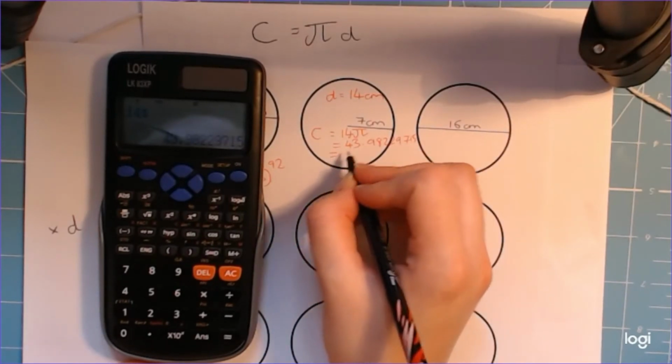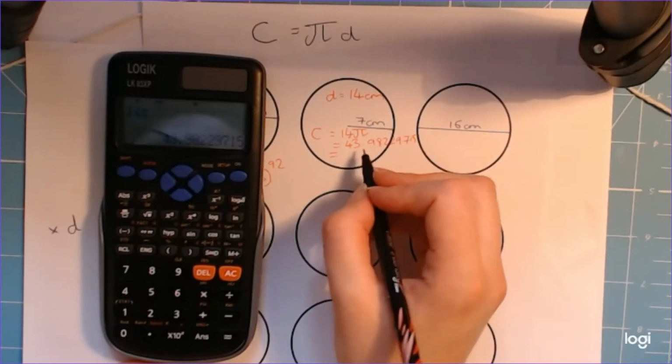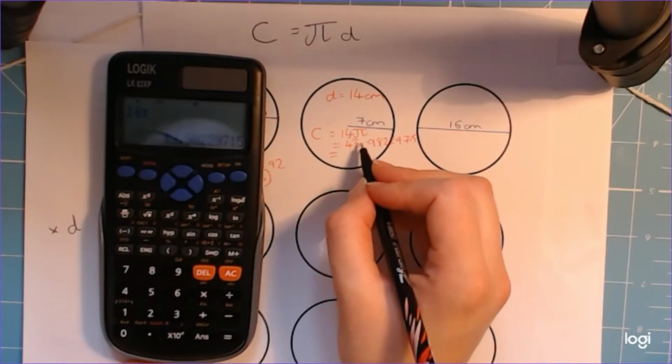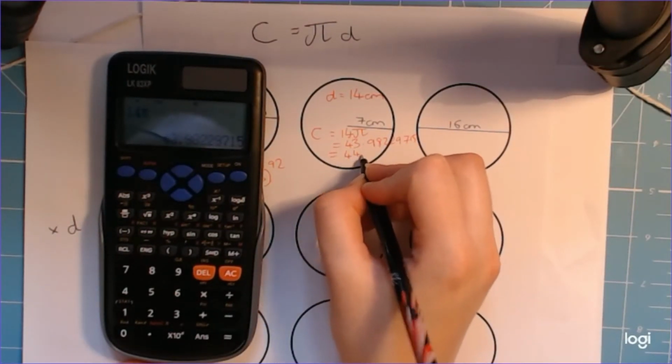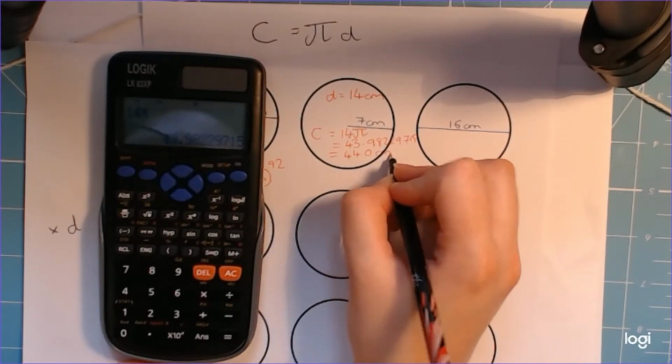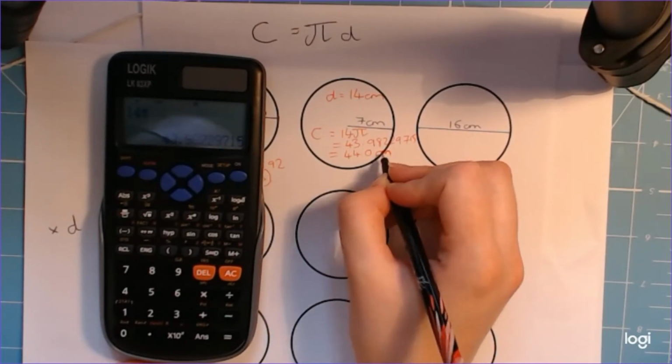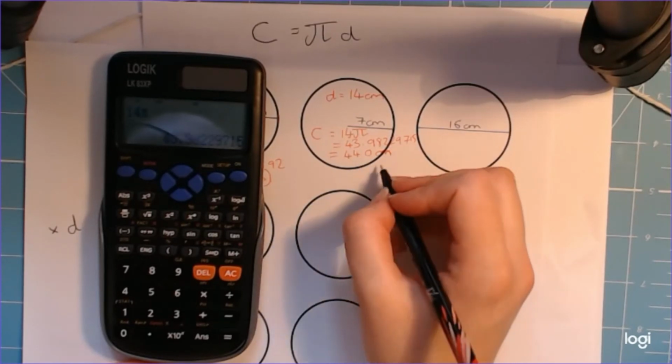If we round it to 1 decimal place, it's actually going to round the whole thing up to 44. So I'm going to put 44.0 centimetres, because if you're asked to round to one decimal place, you have to give it, even if it's a 0.